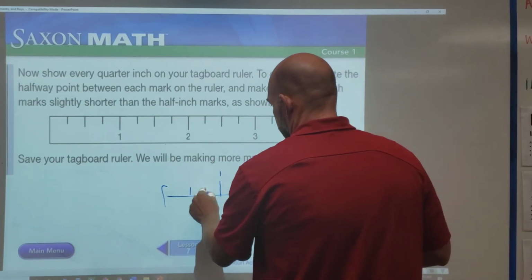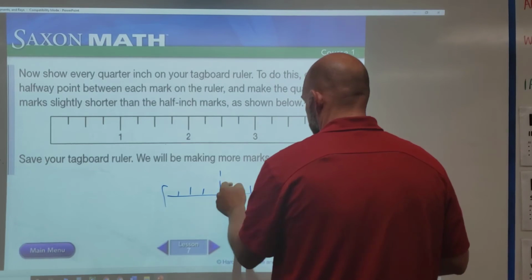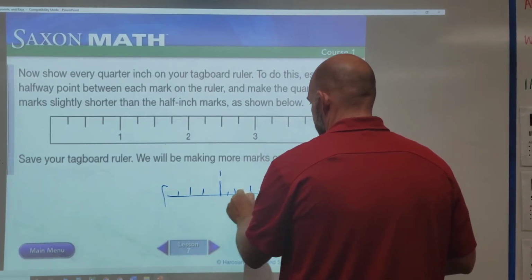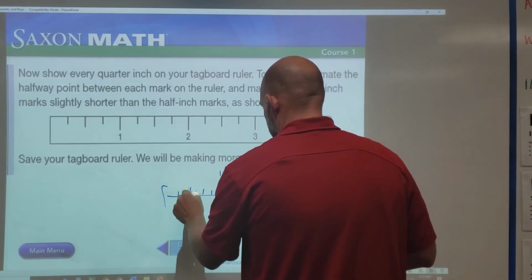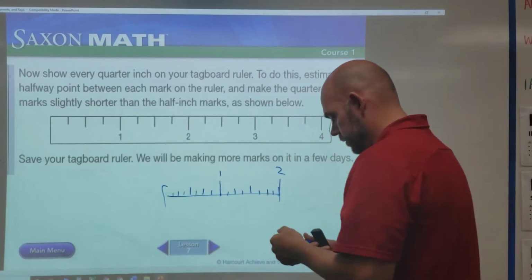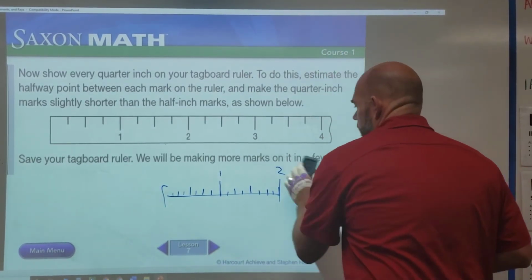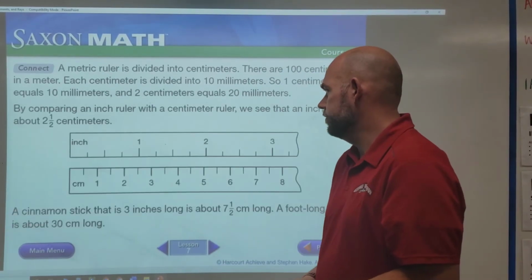And then we can make the quarters shorter than that. Oh, that's a little too long. And then we can make the 8ths even shorter than that. Now that looks kind of like a ruler, right? And so you can make one on your board just for this activity.